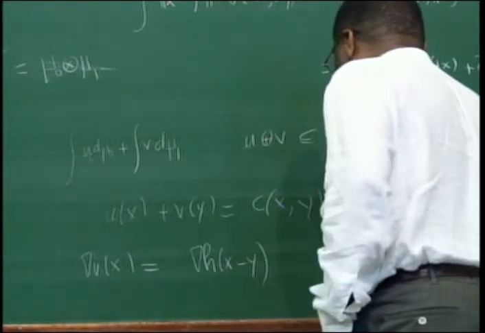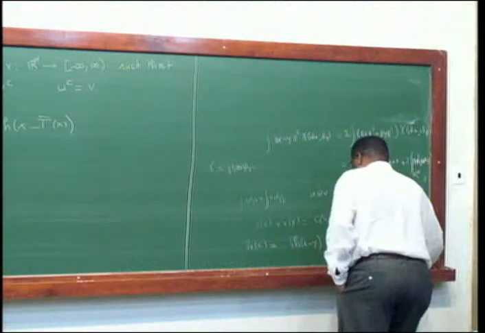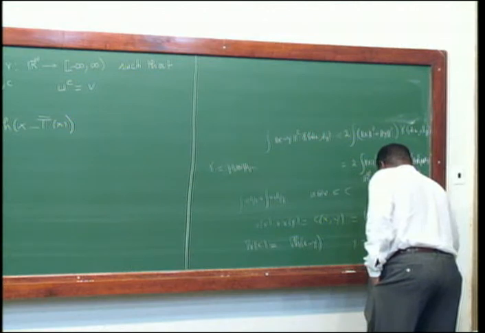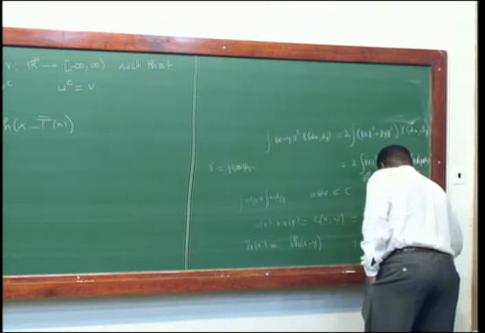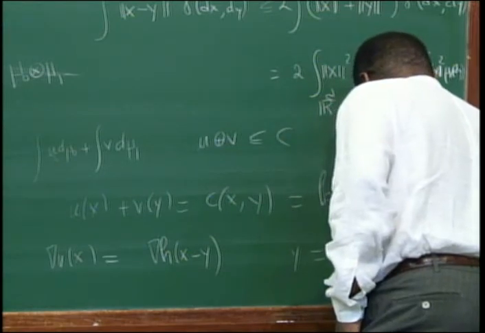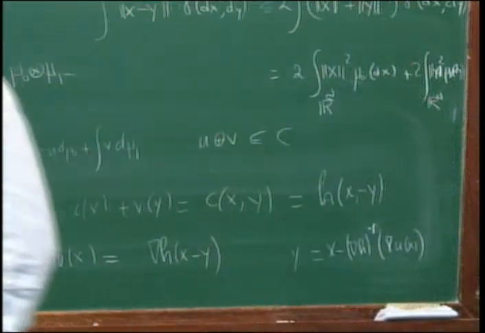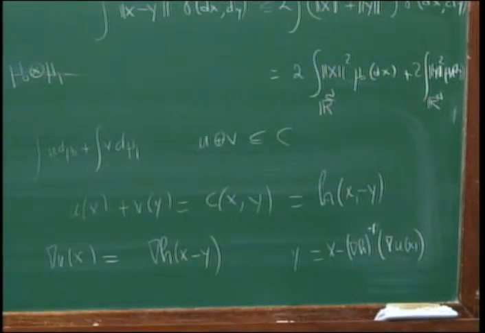And y is uniquely determined by y equal to x minus the gradient H inverse of the gradient of u of x. And that was the optimal map that pushes mu naught forward to mu 1.